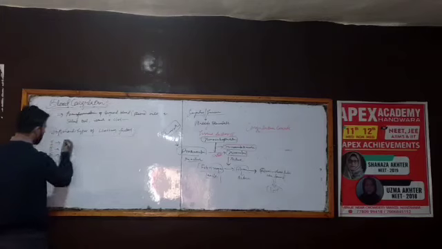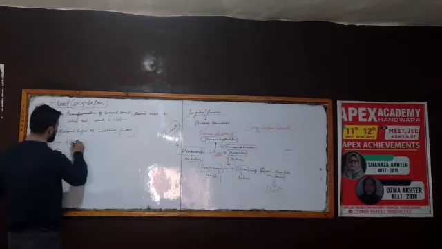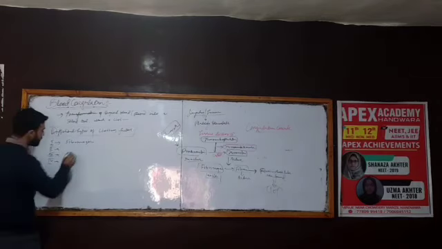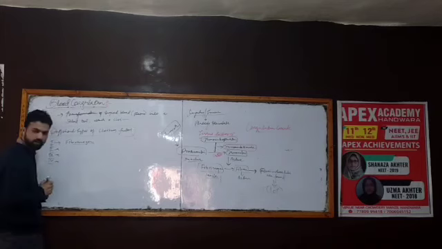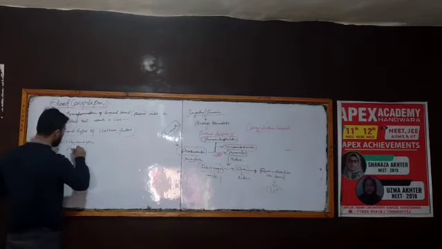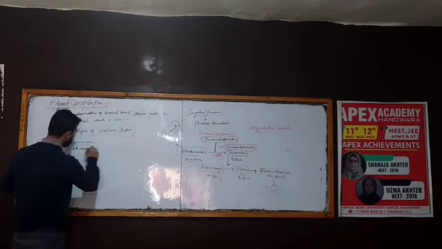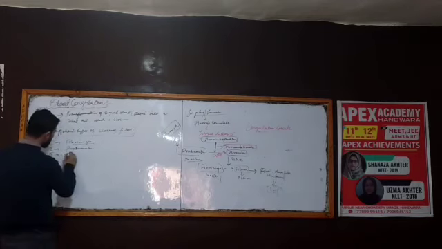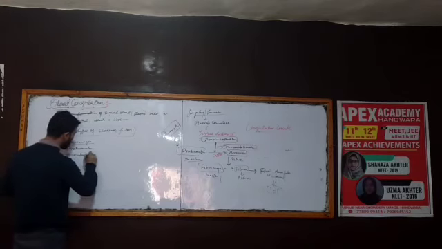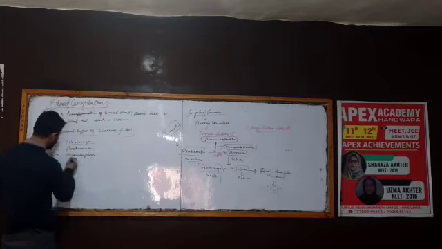Some of the important clotting factors: fibrinogen is the first clotting factor. Second is prothrombin. Third is thromboplastin. And fourth one is calcium.